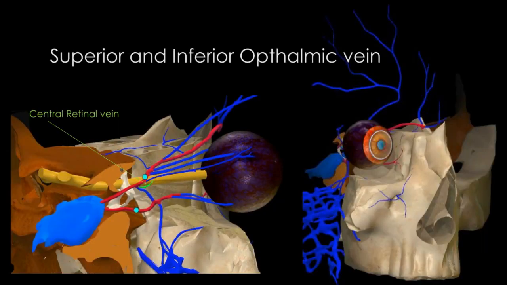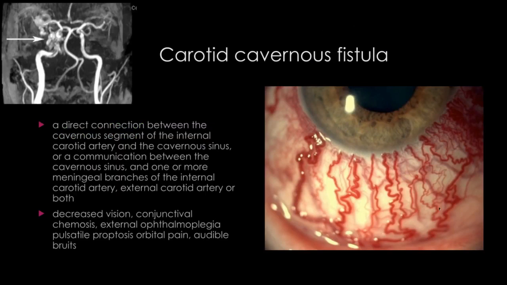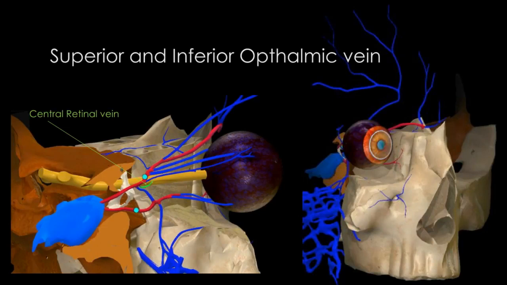When a lot of high pressure blood is coming into the cavernous sinus, that pressure is transmitted along the superior and the inferior ophthalmic veins into the eyeball, causing severe chemosis and congestion of the scleral vessels, which eventually results in decreased vision, conjunctival chemosis, and external ophthalmoplegia because of the involvement of the 3rd, 4th and 6th cranial nerves, which are also related to the cavernous sinus here.